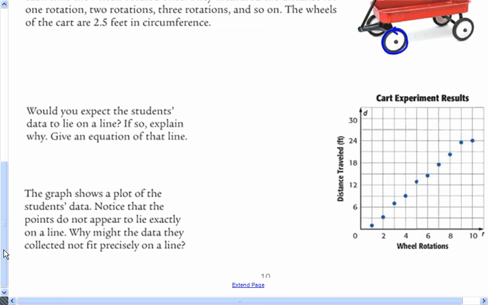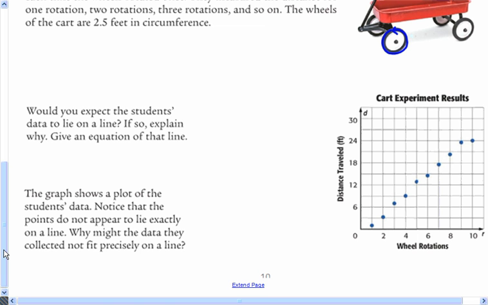Now, would you expect the student's data to lie on a line? If so, explain why and give an equation for a line. Now, I'm thinking I would believe that it would lie on a line, and that's because the distance that the wagon travels will go up by a constant rate per revolution. And that constant rate is the circumference of the wheel.